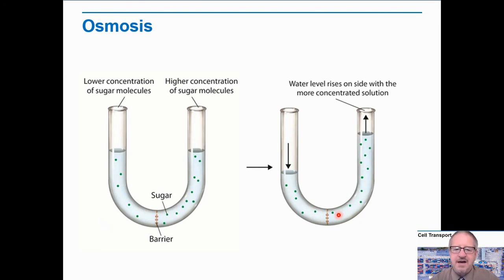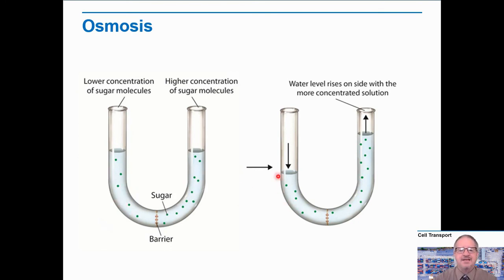So we're really talking about percentages. While there may be, let's say, 70% of the sugar on this side, or the concentration is 70%, we'll say it's 70% sugar to 30% water. Whereas on this side, it might be only 15% sugar and 85% water.